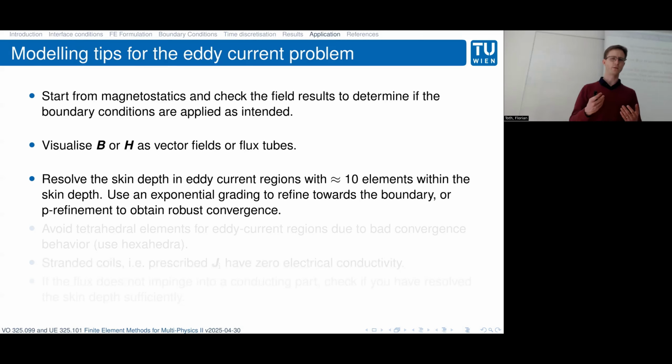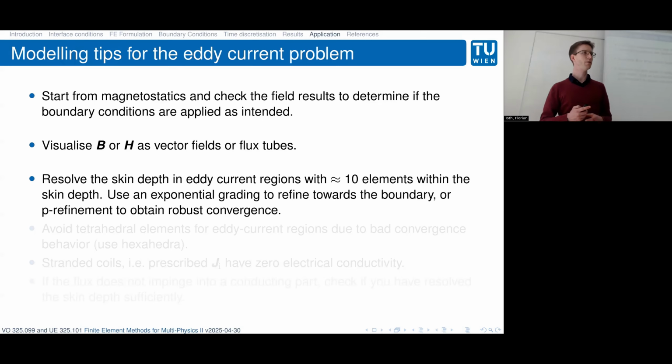An important point is, of course, you need to resolve the skin depth in eddy current regions with approximately 10 elements within the skin depth. You can use appropriate grading to resolve the boundary layers that will help you there, not using excessively many elements.